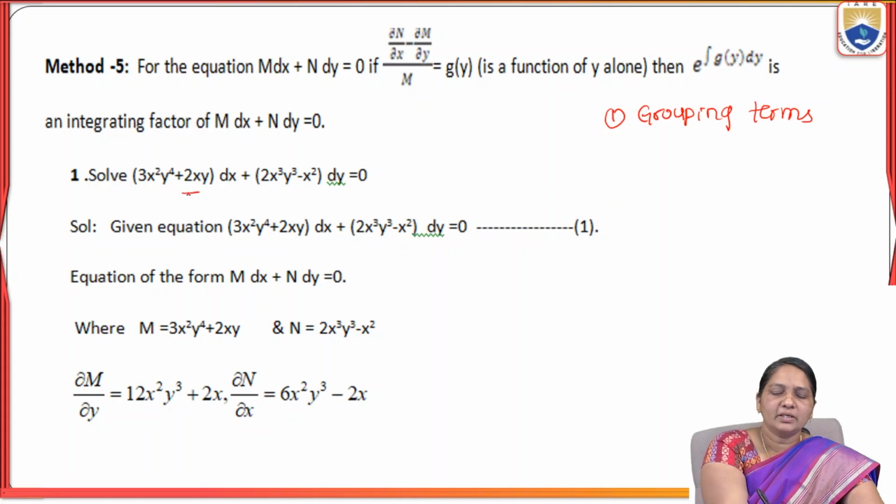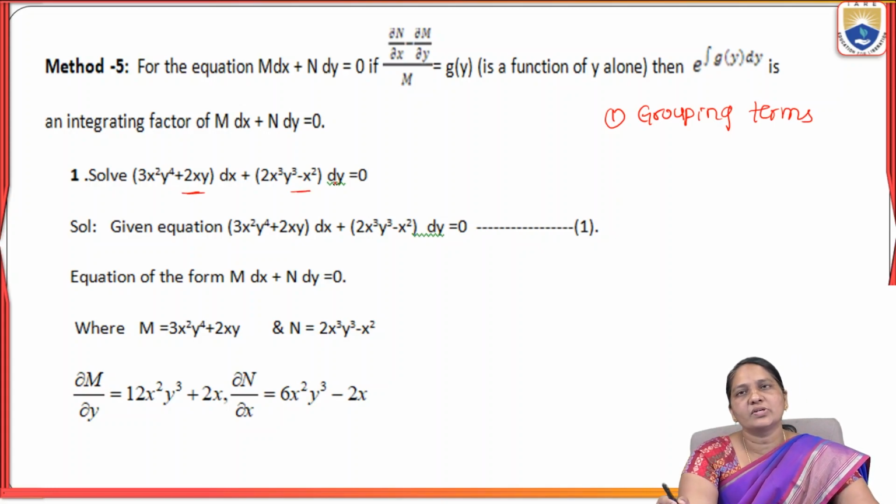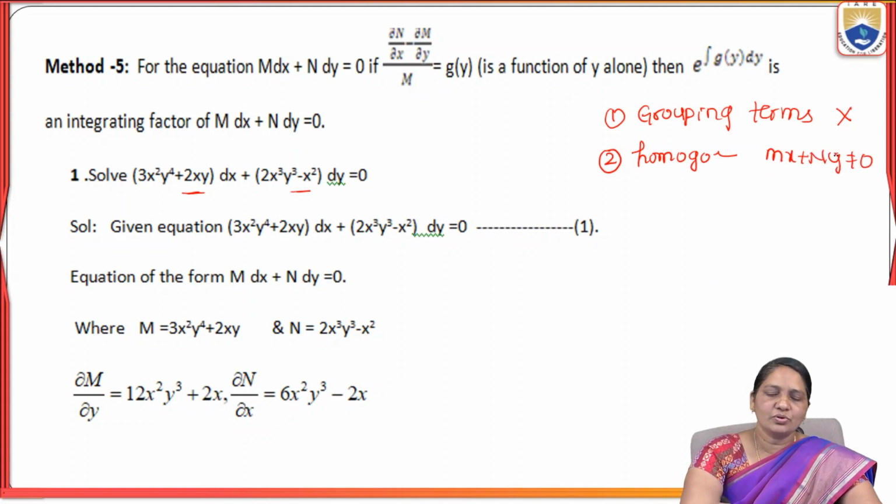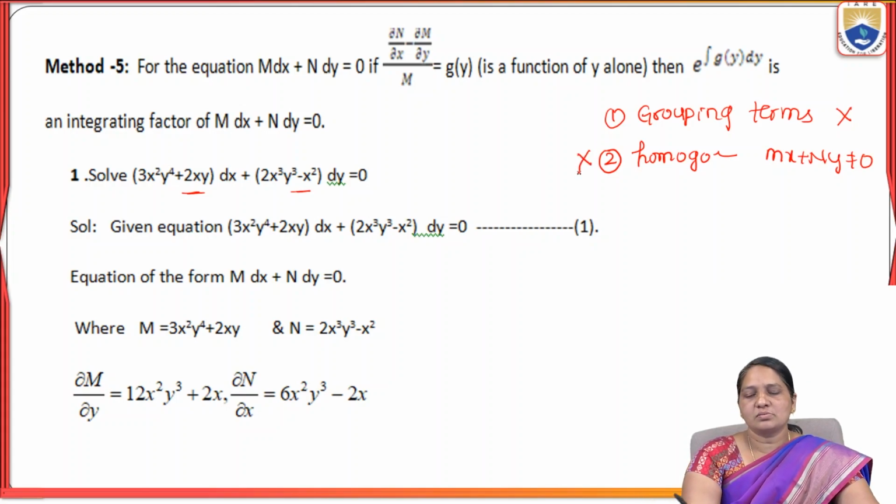But here there is no possibility of grouping the terms, so the first method is not possible. Next, for the second method, you should have a homogeneous equation and Mx + Ny not equal to 0. These two conditions should be satisfied. Here this equation is not homogeneous, so the second method is also not possible.